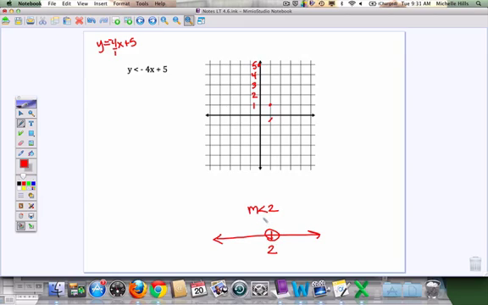You wanted to shade in all of the solutions to that inequality, so everything that made that inequality true. 2 itself does not make this true. 2 is not less than 2, so I would have left this as an open circle, and I would have shaded down to the left where I get values of 1 and 0 and 1.5. All of these things are solutions because they make this inequality true, but 2 itself does not.